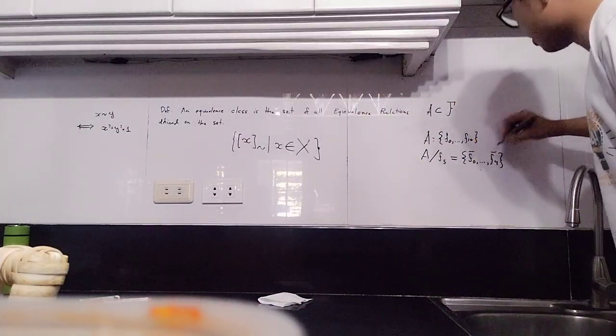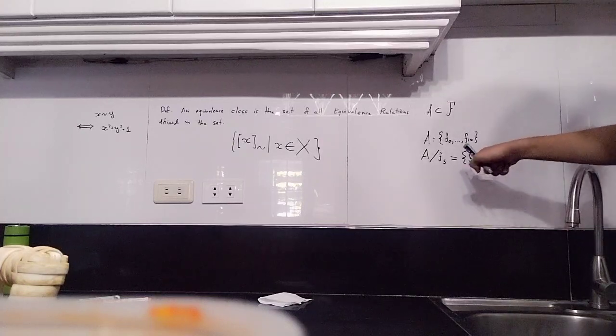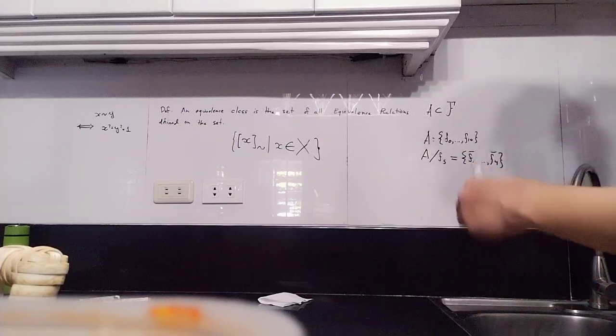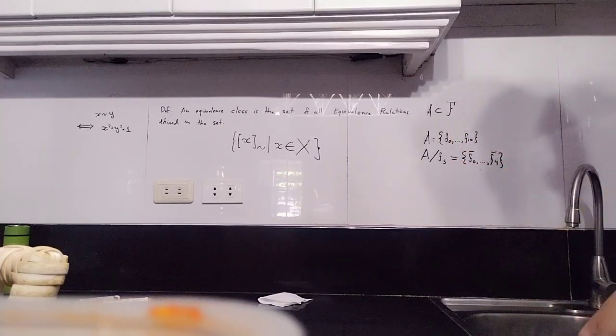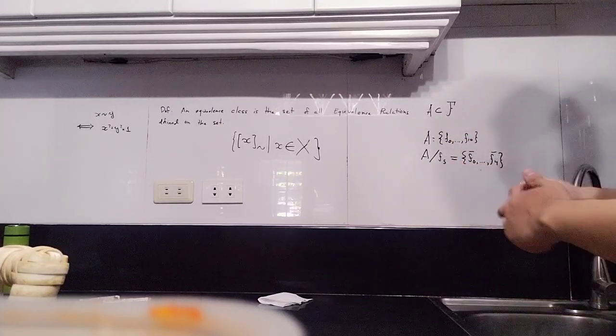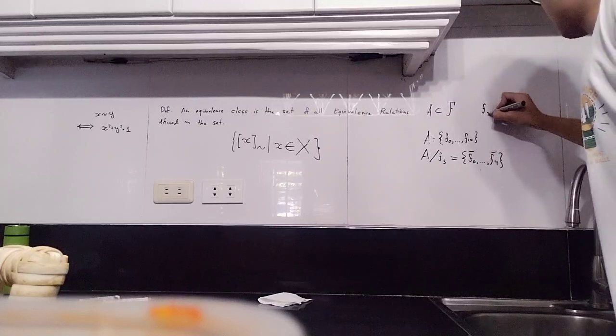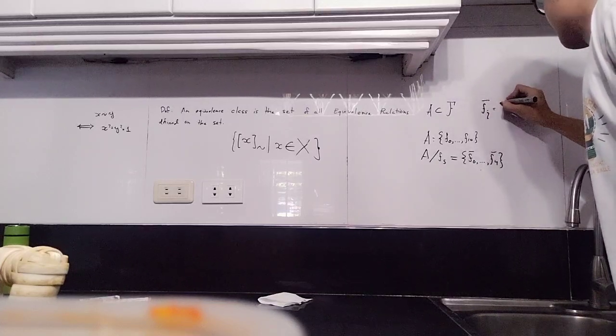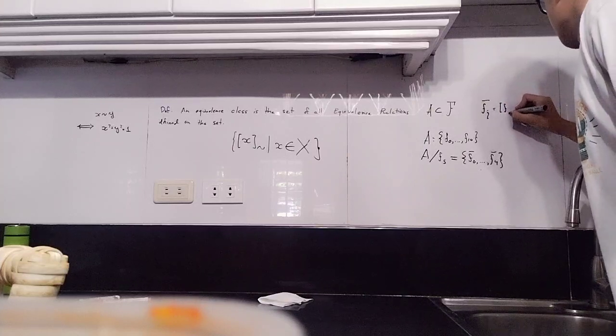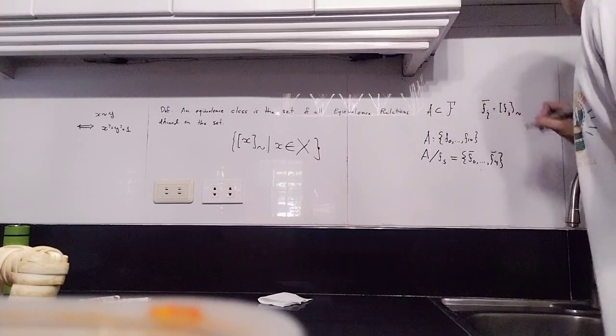Most mathematicians, you'll notice, will denote these with a bar on top. That's because these are fundamentally different from the original elements in our set A, because each Fi bar is equal to an equivalence class of Fi under this equivalence relation.